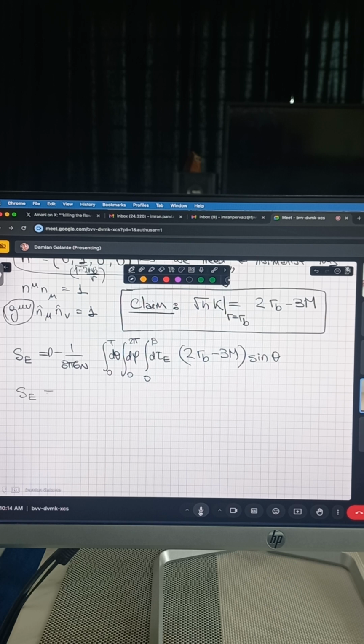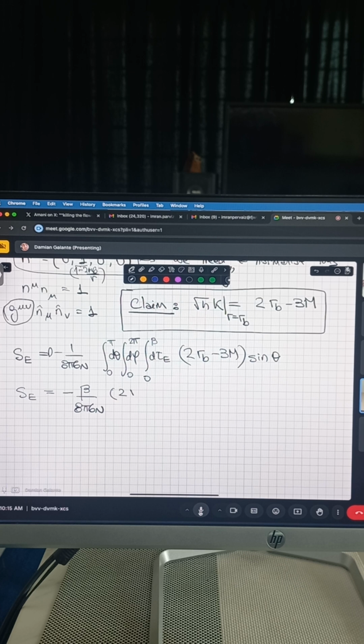Okay. And so now I can do this calculation. They are all very simple integrals. And I will get that the Euclidean action, not the entropy, but the Euclidean action, is minus, let's see, I think it's minus beta over 8 pi G Newton.